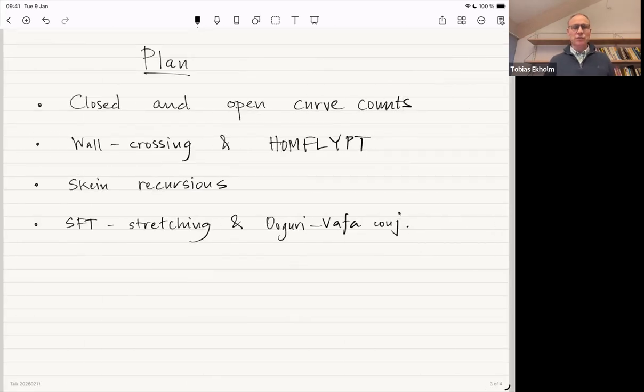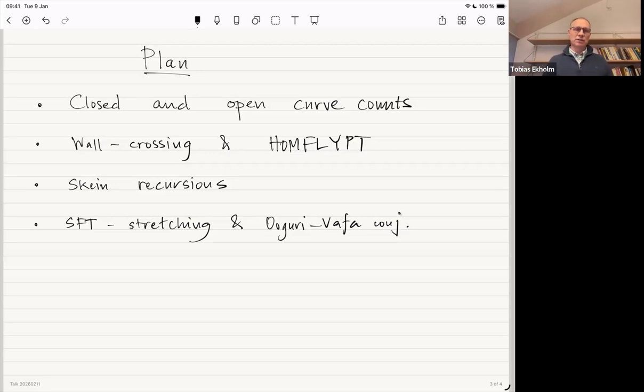My plan was to talk first about an introduction to the topic: a comparison between closed curves and open curves and what actually happens. Then talk a little bit about the connection between the HOMFLY-Skein relation and curve counting for Lagrangians in Calabi-Yau 3-manifolds, and then apply the resulting theory a little bit.